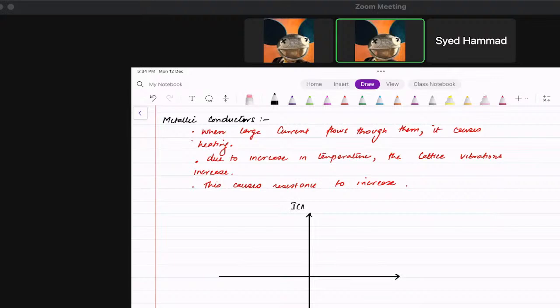Current and voltage, negative voltage, negative current. So basically, as the voltage increases, the current increases, and then slowly, because the temperature is increasing, it limits the current, like this. And it just goes the same way on the other side as well, if the current is going in the opposite direction.